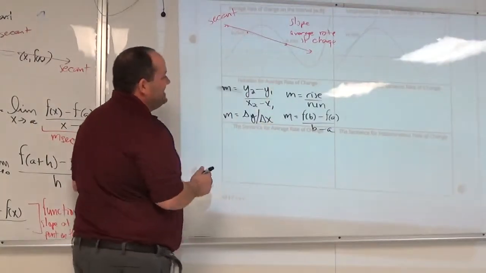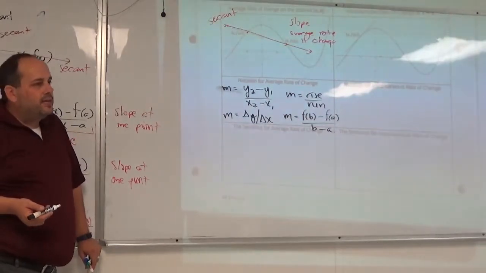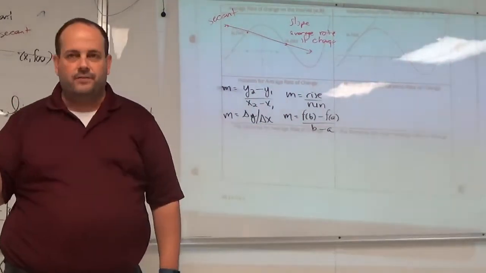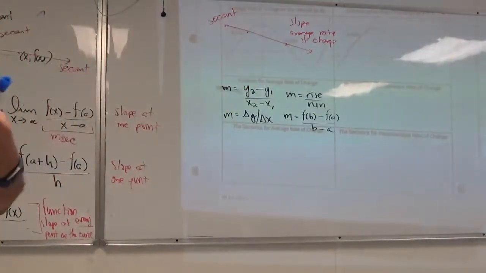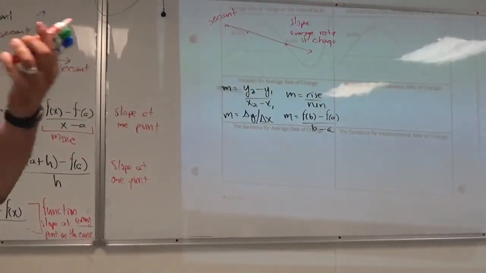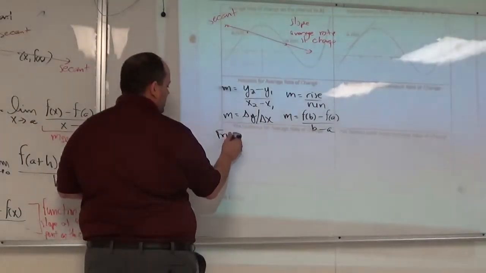There was also a sentence that you had to write in Algebra 2. And I'll tell you, it showed up on every common assessment you've ever had. In Algebra 1, it said, find the average rate of change, and then explain the meaning, write the sentence. And the sentence had to look something like this.